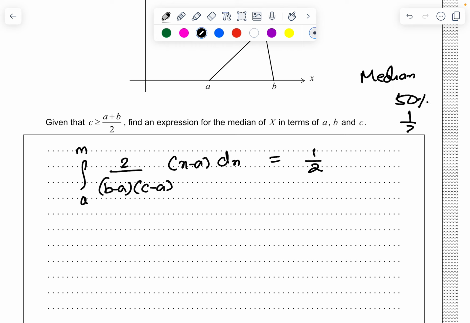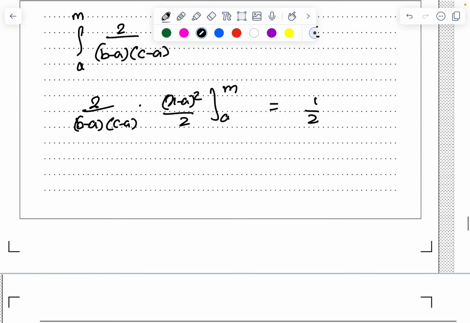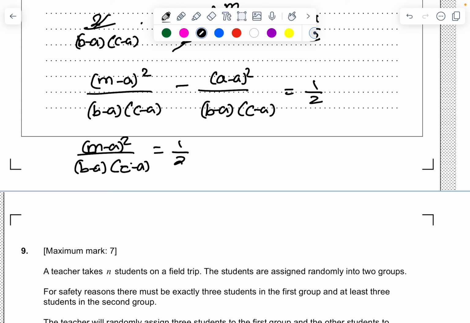Now I am going to find the area of that one. So 2 upon b minus a times c minus a, x minus a whole square by 2, from a to m, equals 1 upon 2. Now plug in the limits and the 2s get cancelled. Plug in the upper limit: m minus a whole square upon b minus a times c minus a, minus a minus a whole square upon b minus a times c minus a, equals 1 upon 2. Then from there, what do I get? m minus a whole square upon b minus a times c minus a equals 1 upon 2.